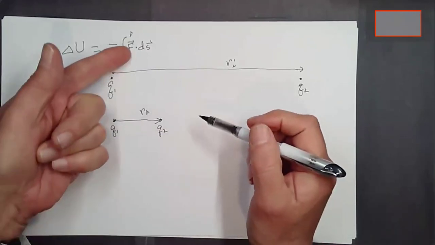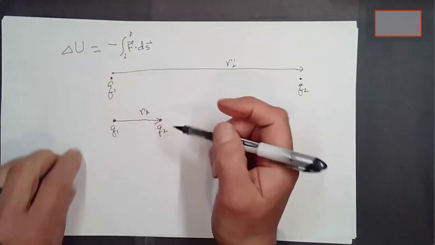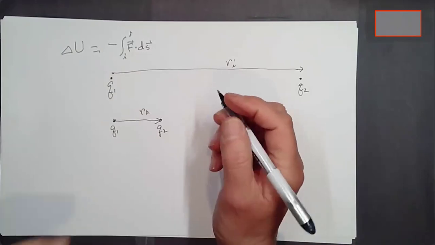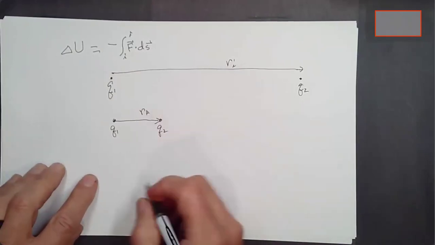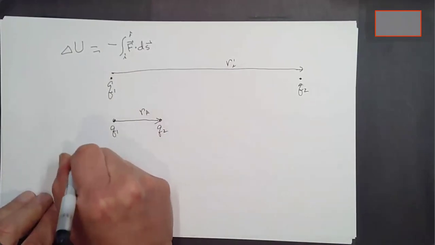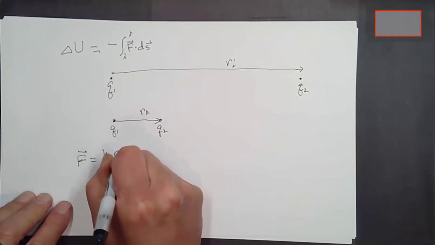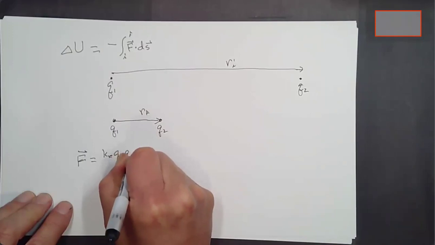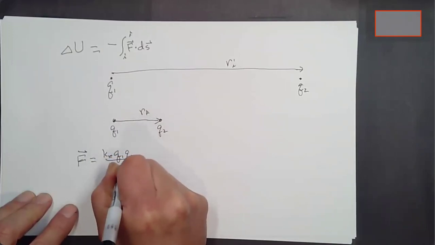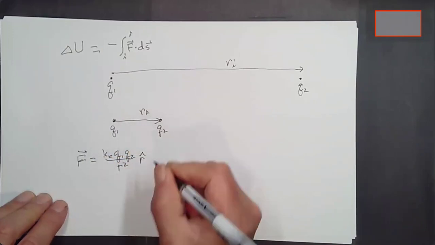Well, we know what the electric force is going to look like in this case. The force that's acting on them is going to be K sub E, Q1, Q2 over R squared along R hat.